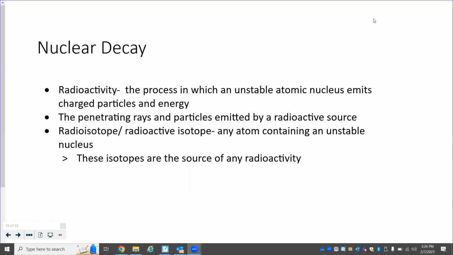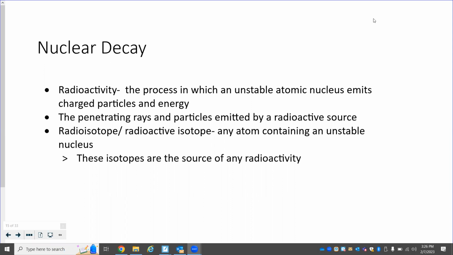All right, so we are going to switch gears slightly and go through nuclear decay. We talked about how every atom has a set number of protons, neutrons, electrons. Some of these are too large to hold themselves together and they're unstable and they will break down over time.